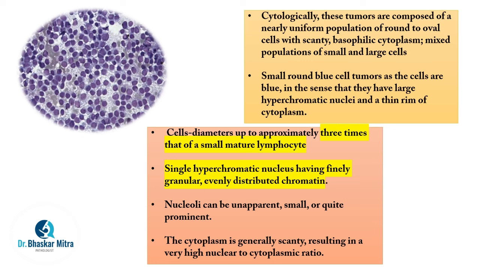So what we mainly see in the slides is the nucleus, which is basophilic or bluish in nature, so we see small round blue cells throughout the slide. Sometimes they are synonymously called blue cell tumors of the bone and soft tissue. They are about 3 times the size or diameter of a small mature lymphocyte.